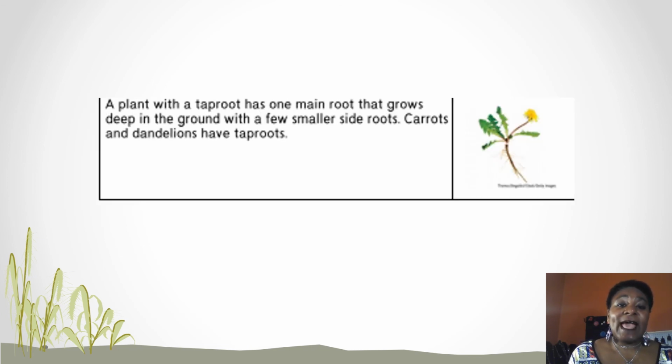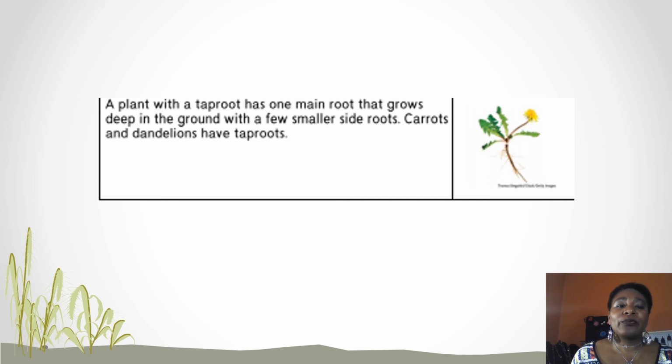A plant with a taproot has one main root that grows deep in the ground with a few smaller side roots. Carrots and dandelions have taproots. So a dandelion, the yellow weed that you pull up off the ground, if you see the picture, you can see what it looks like. If you've ever pulled a carrot from a garden, on the end of the carrot you would see those little white roots.